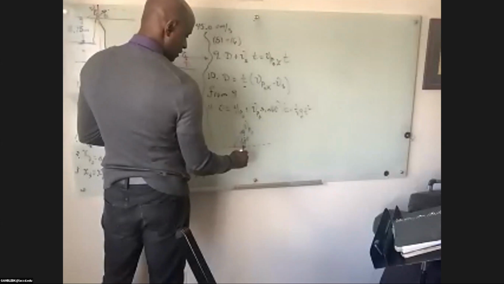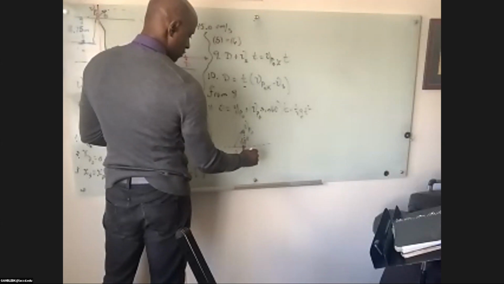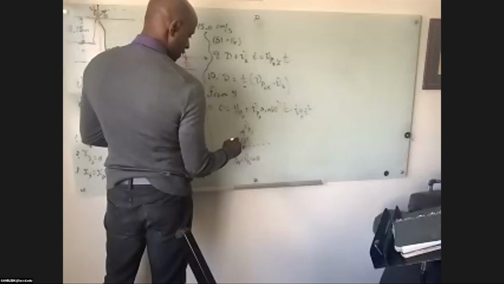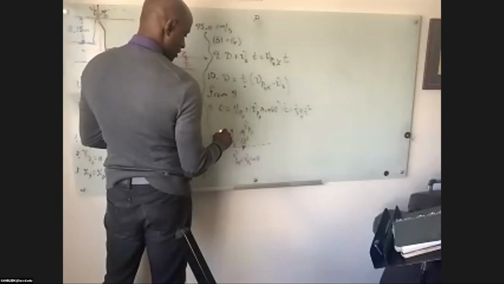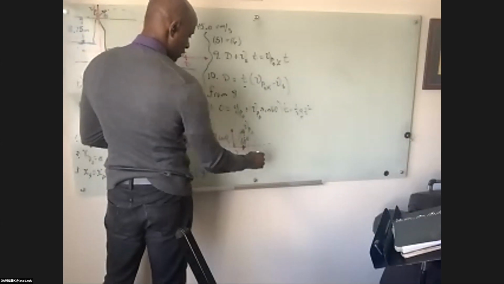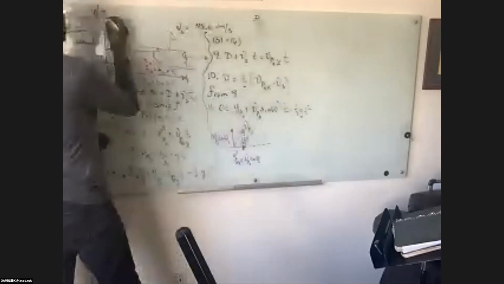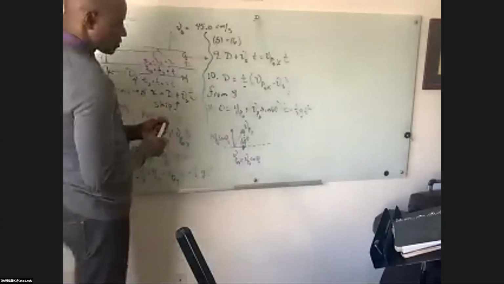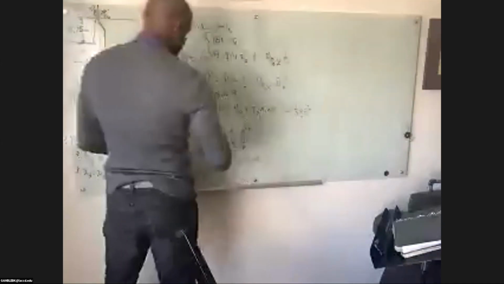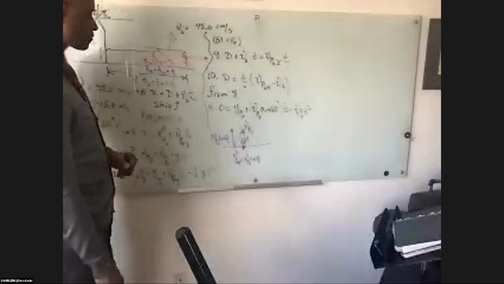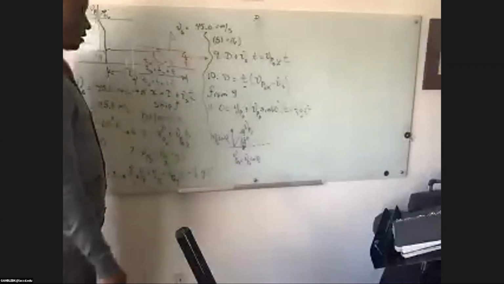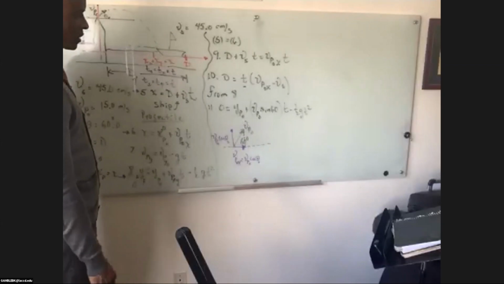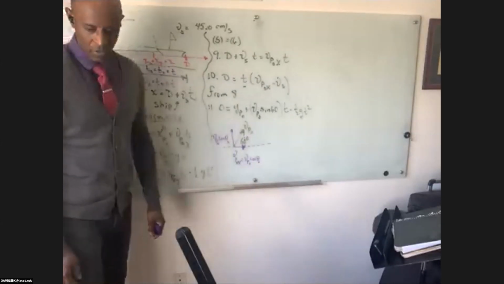So VP naught X equals VP naught cosine of theta, and that guy is VP naught sine of theta, that's just theta naught. Well, I guess I should do it now because I just want to rewrite the numbers.